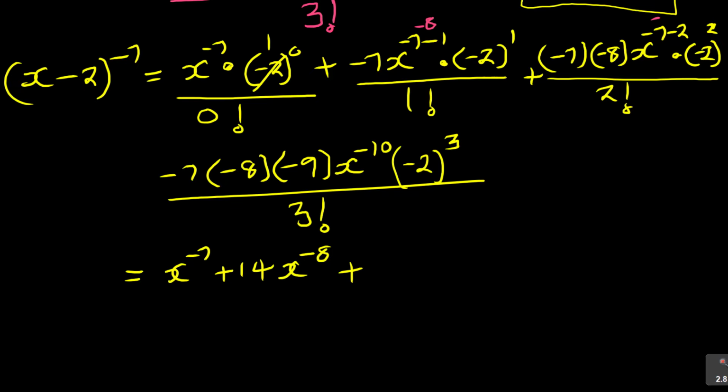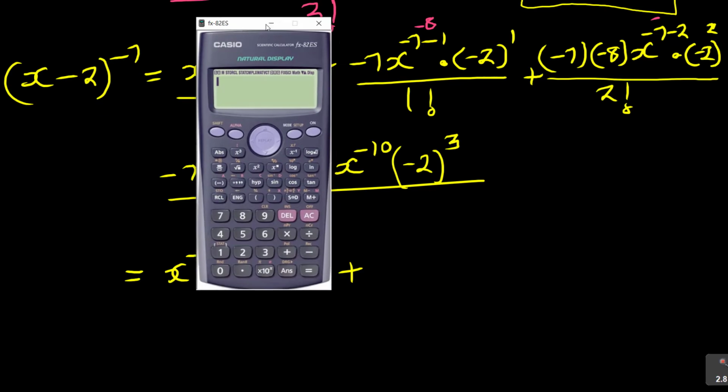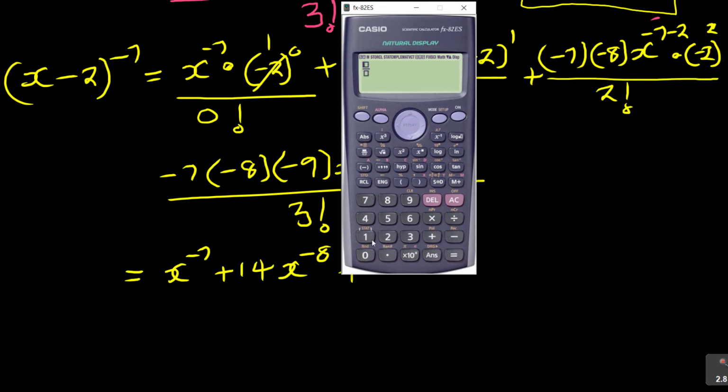We need a calculator because we are multiplying quite a number of negative 7, negative 8 times negative 2 squared. See this one? Let me put a bracket. It's negative 7 times negative 8 times bracket negative 2 squared, right, over 2 factorial, shift factorial, which we know is 2.